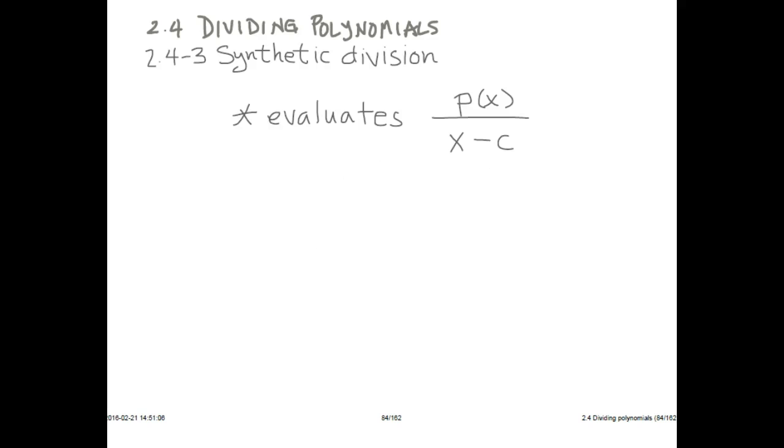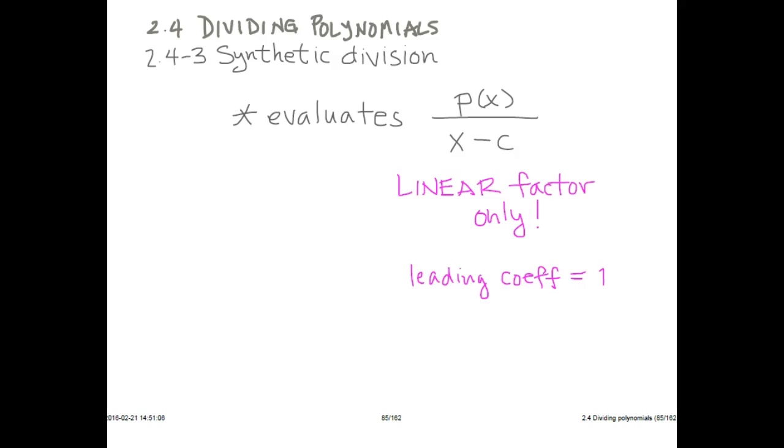Anyway, our synthetic division evaluates one polynomial divided by a linear factor. It has to be a linear factor, and it has to be a linear factor with a leading coefficient of 1. Now, if it's a linear factor but without a leading coefficient of 1, you can always divide out that leading coefficient and get a linear factor with a leading coefficient of 1.